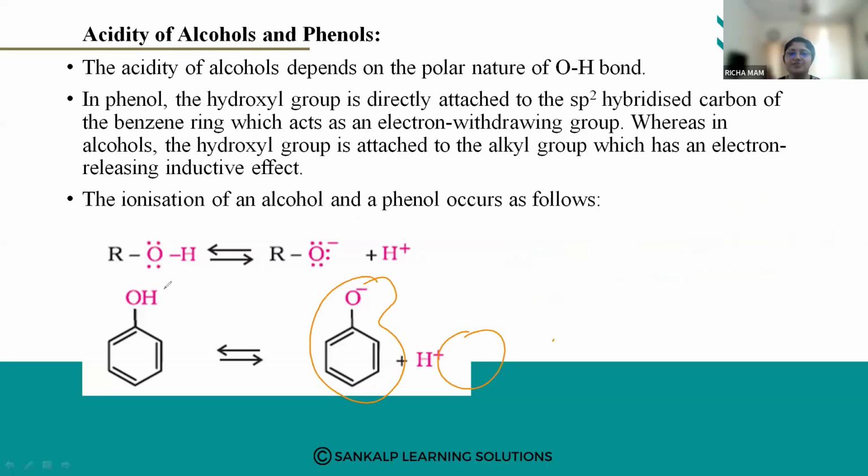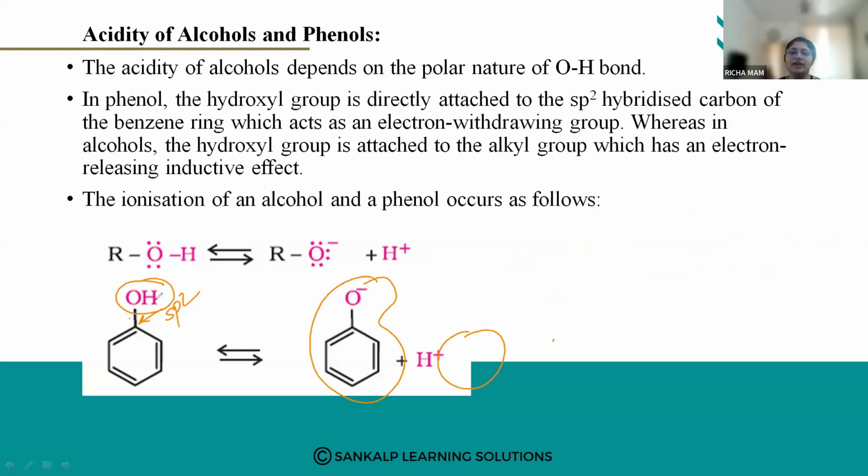Here you can see that the hydroxy group is attached to an sp2 hybridized carbon. This is an sp2 hybridized carbon of the benzene ring, and this OH group is acting as an electron withdrawing group. It will withdraw the electrons towards itself.